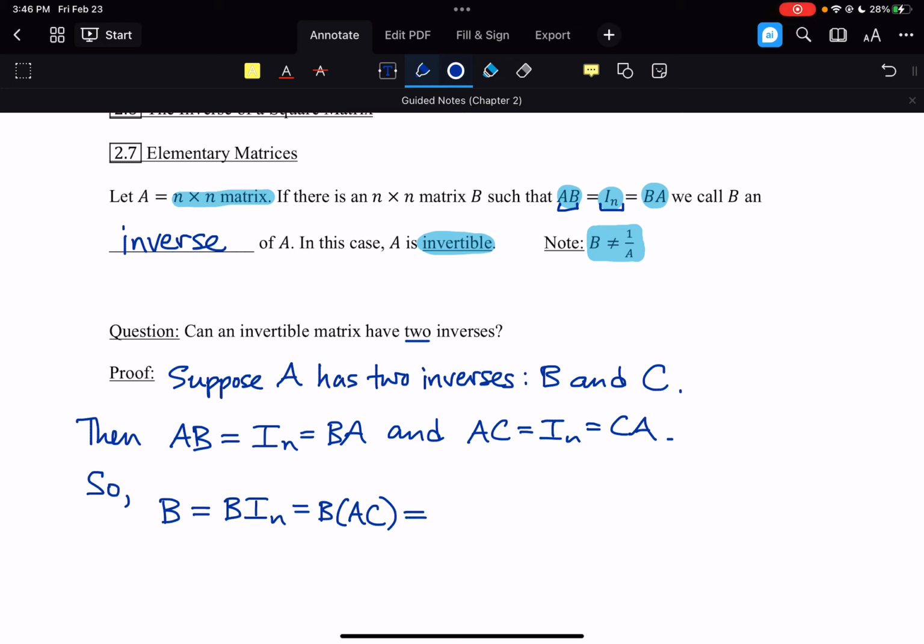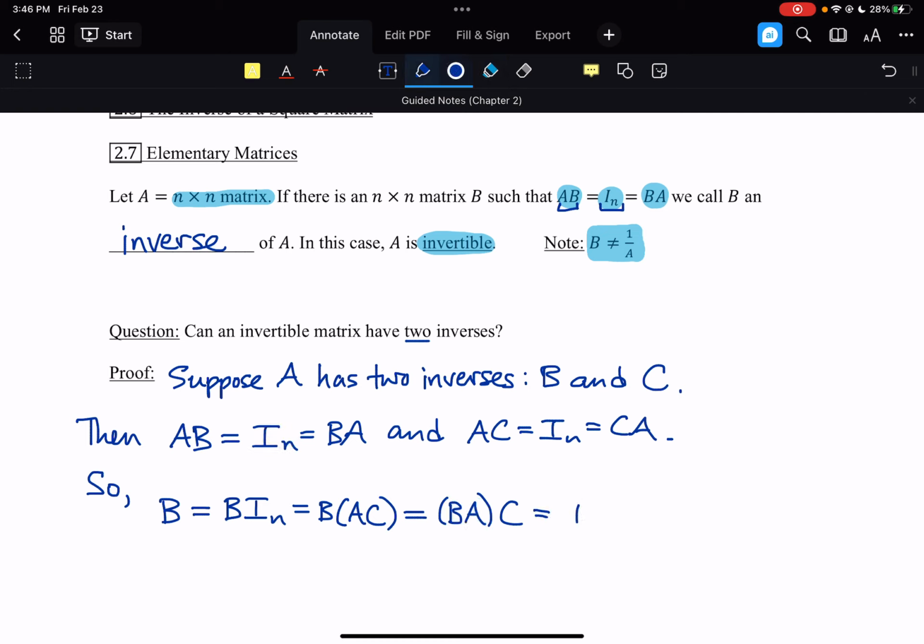We know from properties of matrices that we can move these parentheses around. So we can regroup the B and the A together times C. And BA, because they are inverse matrices, equals the identity again.